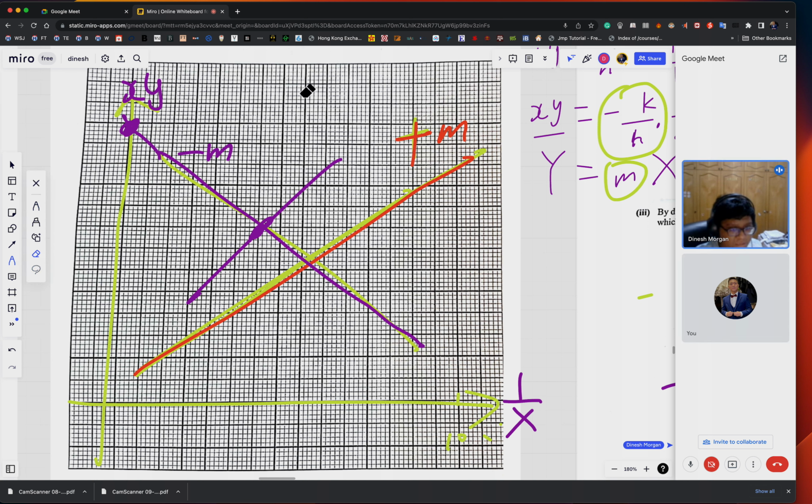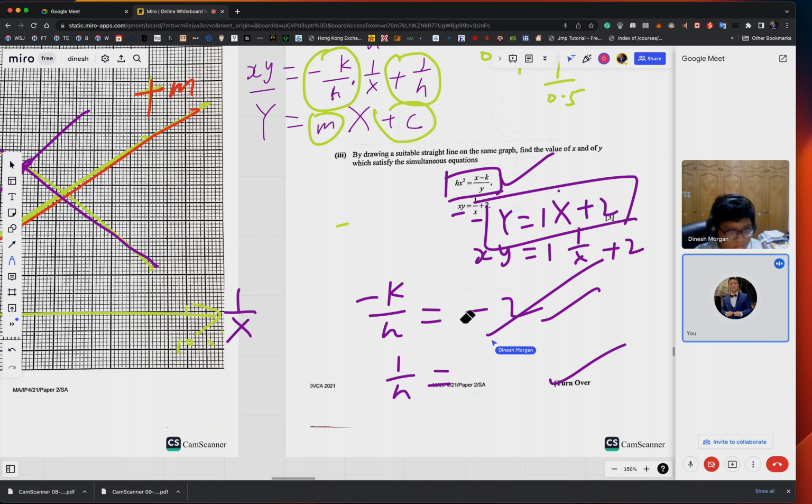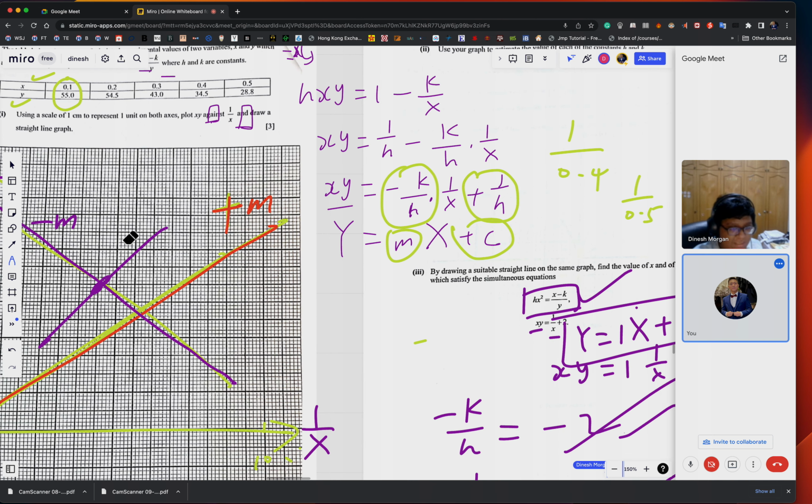Okay, so instead of plus 1 over h. Which one are you talking about? The original graph. So you have a problem with the original graph? What problem do you have with the original graph? No, I think the original graph is plus 1 over h, right? What do you mean by plus 1 over h? You look at this.